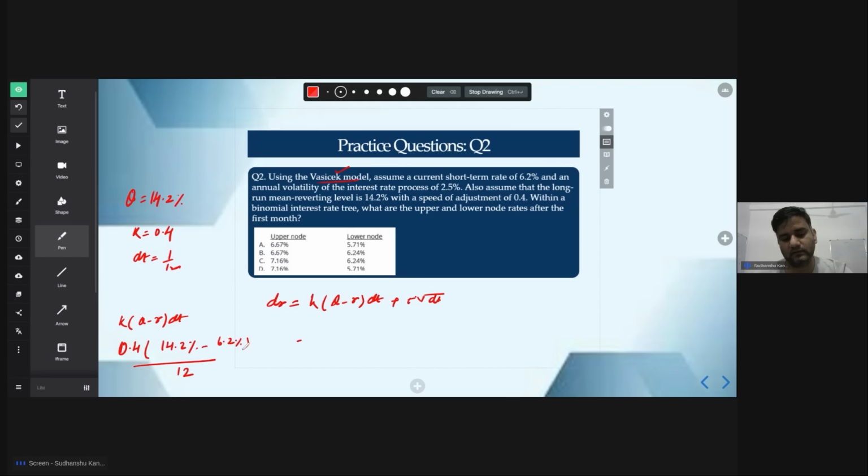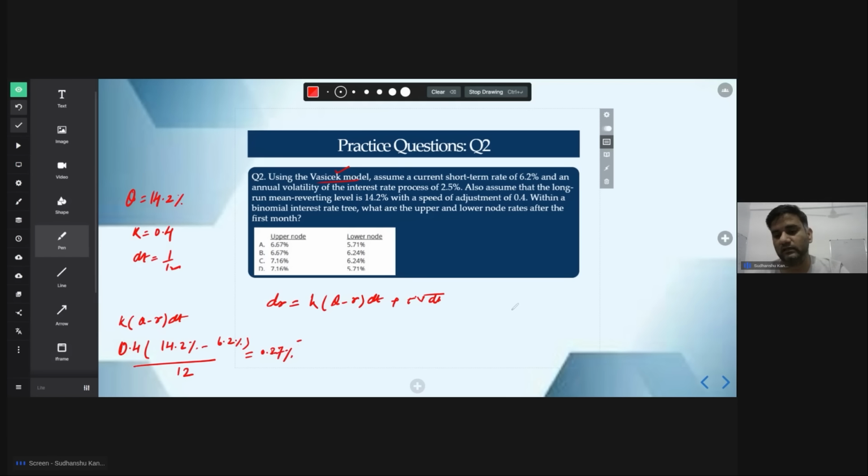You solve it, you get 0.27%. So the drift part is 0.27%.